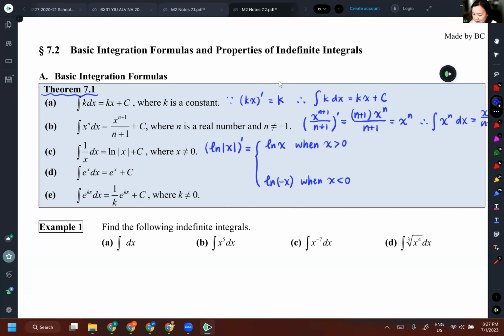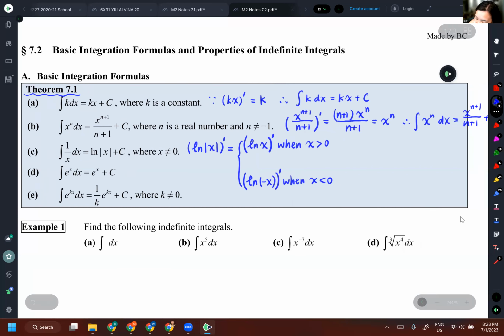Now I need to differentiate. So I will differentiate this, and this as well. I will differentiate piecewise. For this piece, we know it's equal to 1 over x. That is one formula we learned in differentiation. For this second one, we know it's equal to 1 over negative x, and then chain rule, remember?